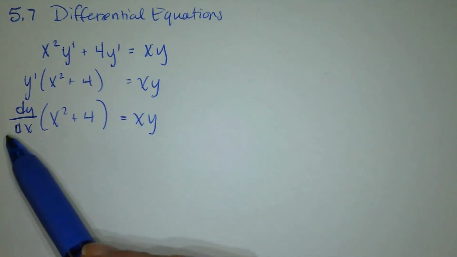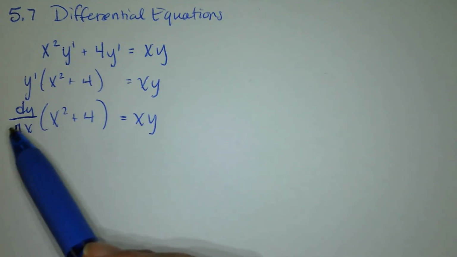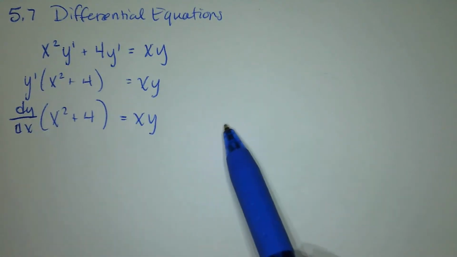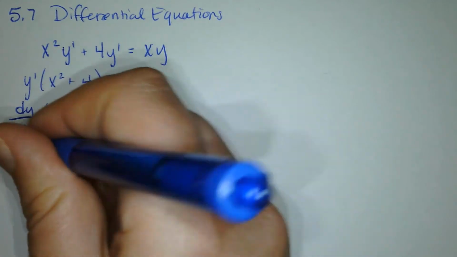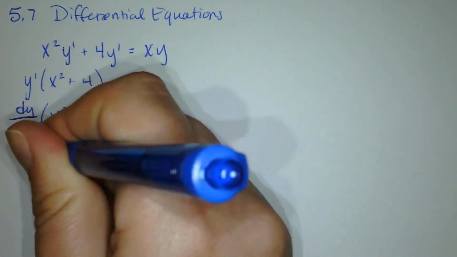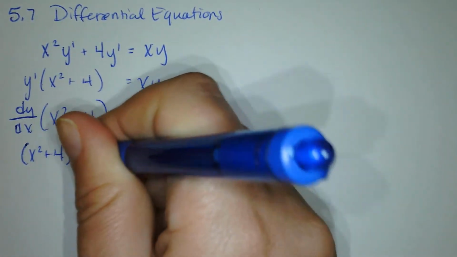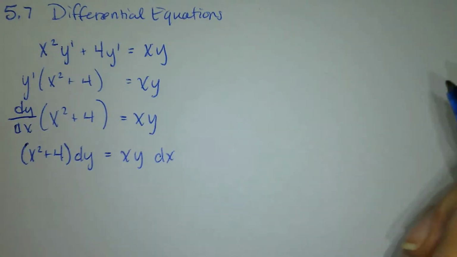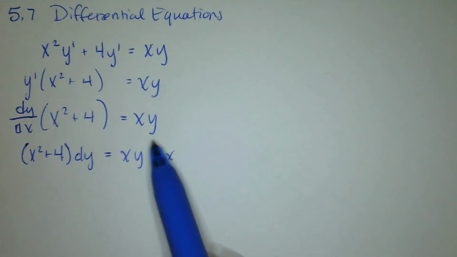Now, to do the differential equation, I kind of have to separate the x's and the y's. So I'm going to multiply the dx over to this side. So (x squared plus 4) dy equals xy dx. I multiplied the dx over.